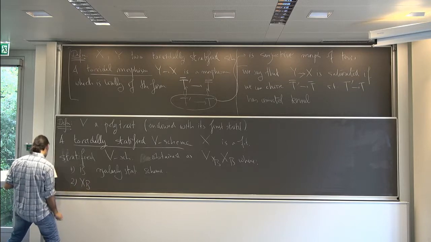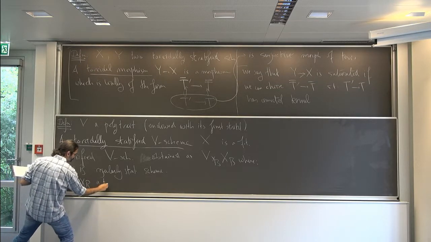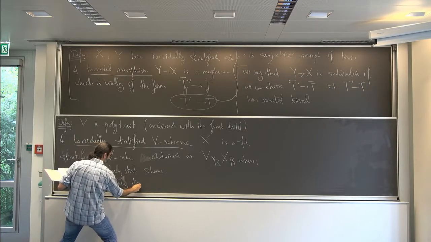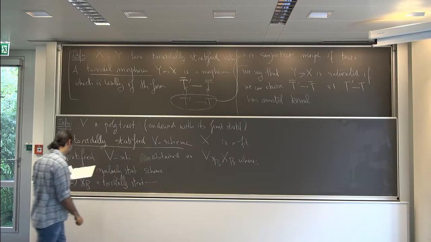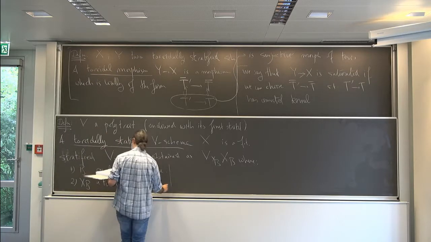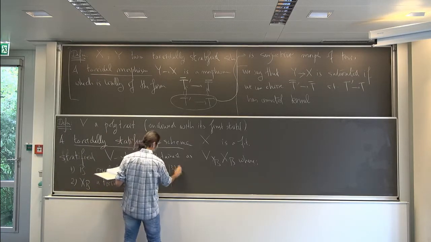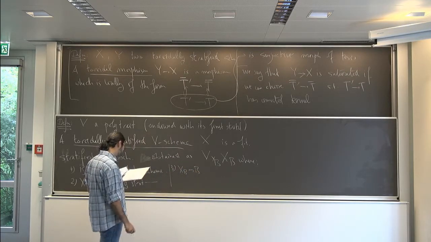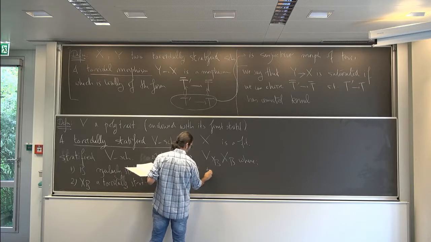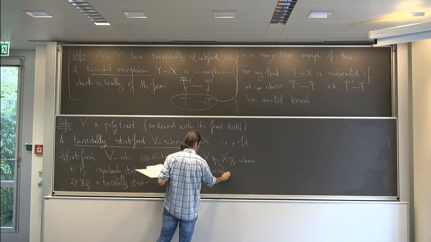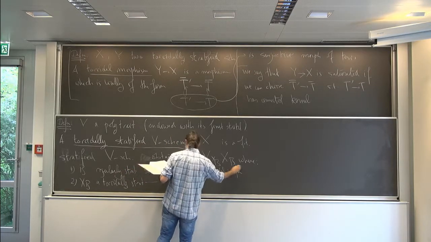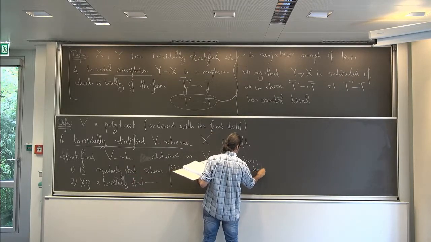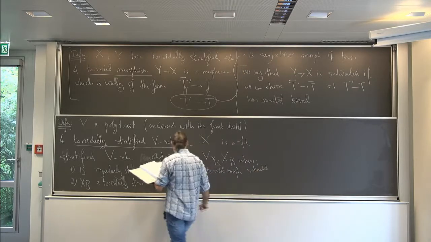X_B will be again a toroidally stratified scheme. There is a map from X_B to B, and this will be a toroidal morphism, which we assume to be saturated and equidimensional.